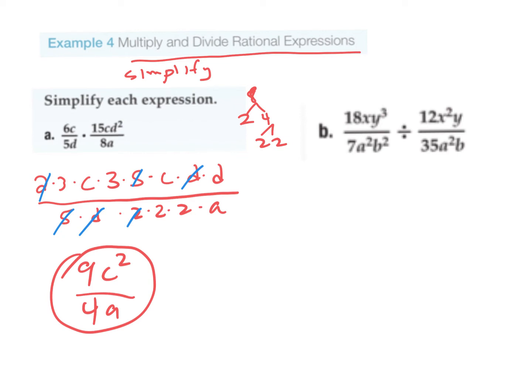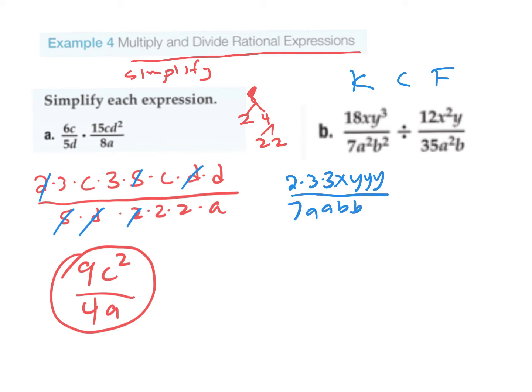So if we look at our next problem, division, the only difference is that this problem has to do what's called the keep, the change, and the flip. So we're going to keep this first part. So I'm going to go ahead and factor this first part. So 18 is 2 times 3 times 3, x, y, over 7, a, b, b.